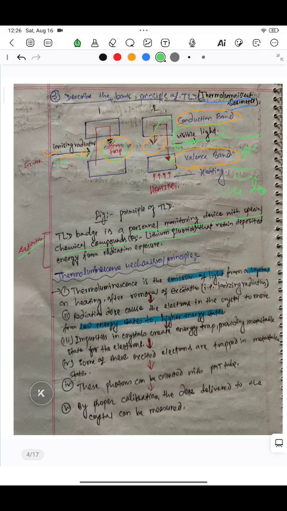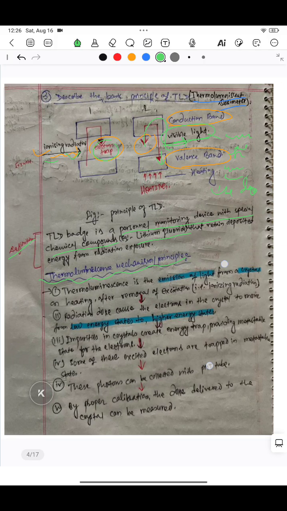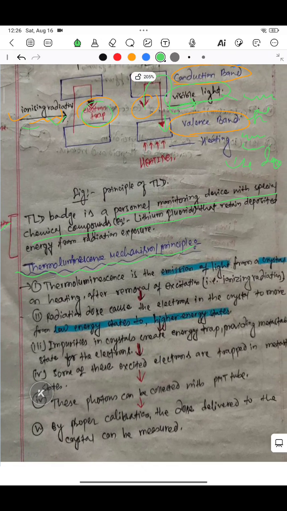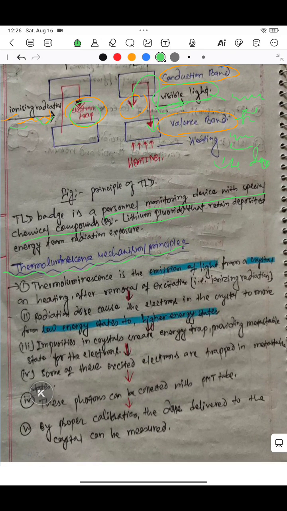What is the principle or mechanism of the TLD badge? Thermoluminescence: thermo means heat. So by putting heat we can emit light, that is, thermoluminescence is the emission of light from a crystal on heating after removal of excitation, that is ionizing radiation.